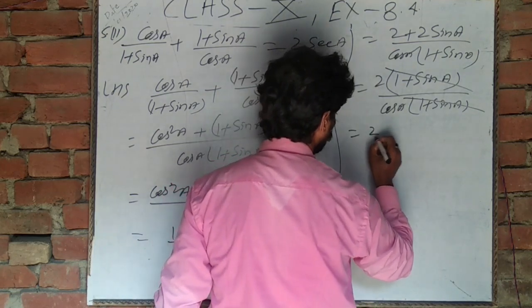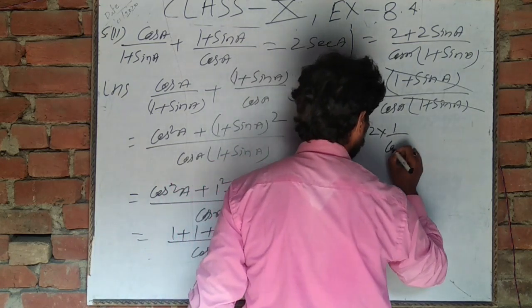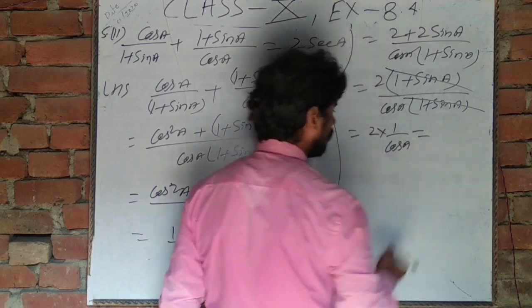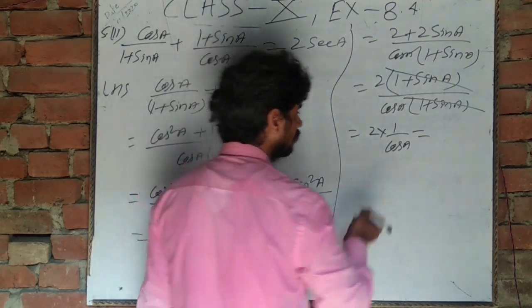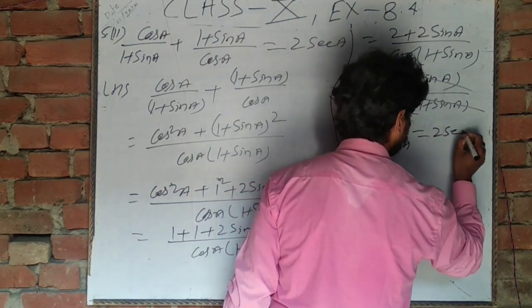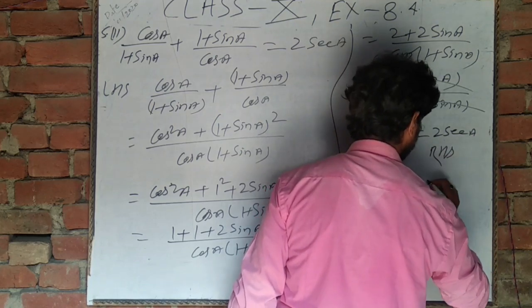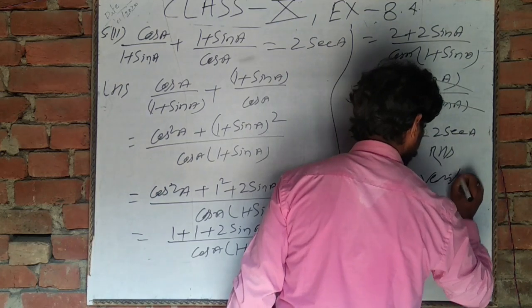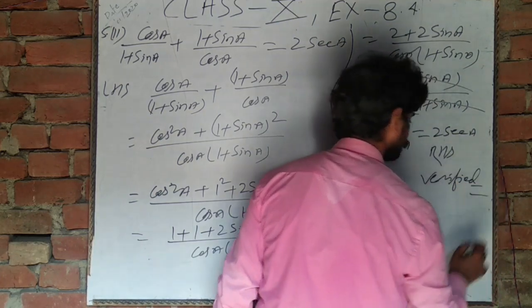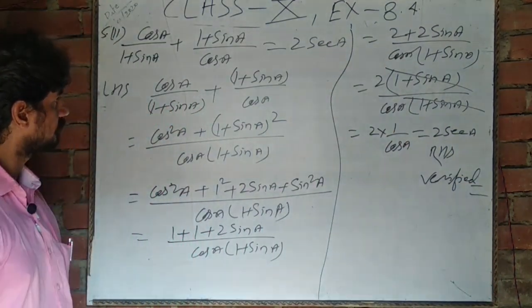We will get 2 into 1 by cos A. And we have an idea 1 by cos A means sec A. So we can write 2 sec A. Verified RHS. It's our result.